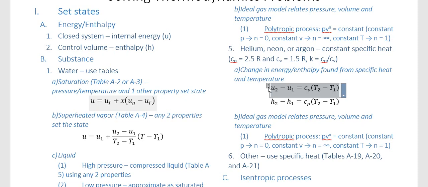Okay, again, only use these equations when you have helium, neon, or argon, these monatomic gases, because otherwise specific heat is not constant and shouldn't be used. Again, if you have a table, you should use it.